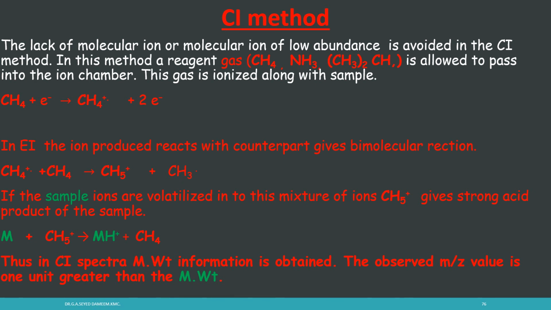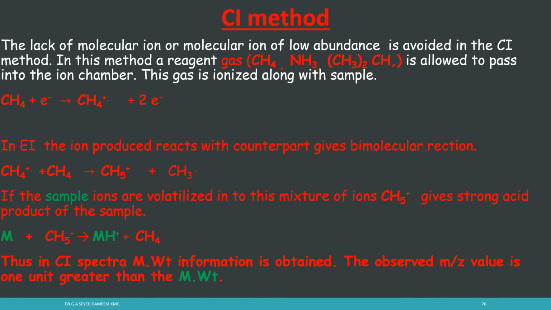If we take methane as the reagent gas, then on ionization it gives CH4 plus dot plus 2 electrons. The ion produced reacts with a counterpart in a bimolecular reaction. That is, a methane molecule plus the molecular ion of methane gives protonated methane along with the methyl radical.